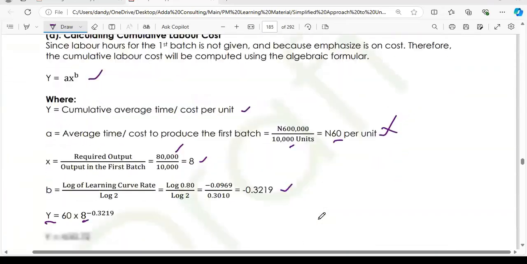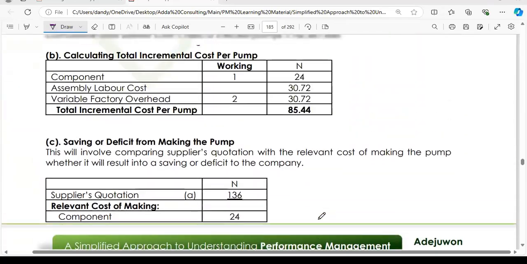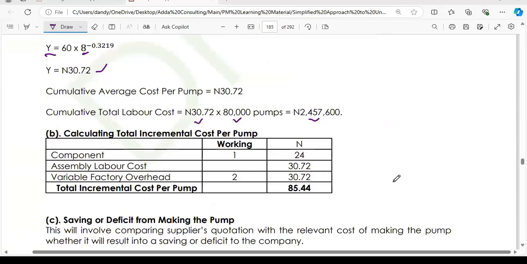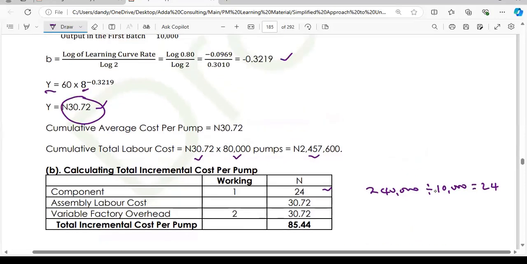Therefore, without wasting more time, for the components, the total components is 240,000 naira. So 240,000 naira divided by the activity level of 10,000 units is what produces the 24 naira that you have here. The assembly labor cost per unit, we've already determined, is equal to 30.72.